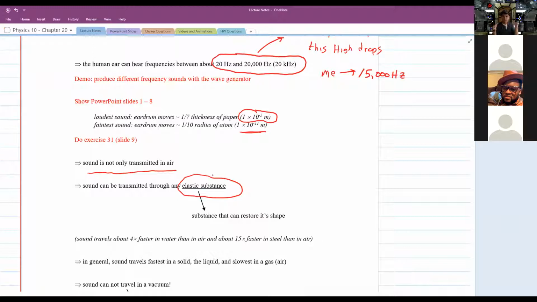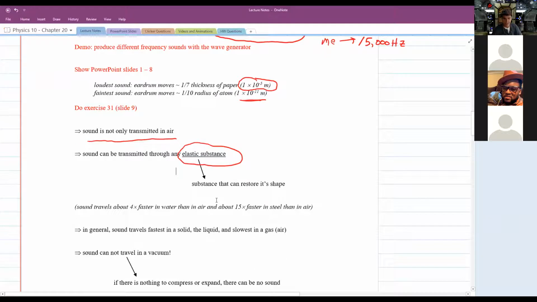That's not really something that's going to oscillate back and forth and produce sound. But it ends up that sound will actually travel faster in a solid than it does in a liquid, than it does in air. So you don't need to know these exact numbers, but just to give you some ideas, sound travels 4 times faster in water than it does in air, and about 15 times faster in steel than it does in air.